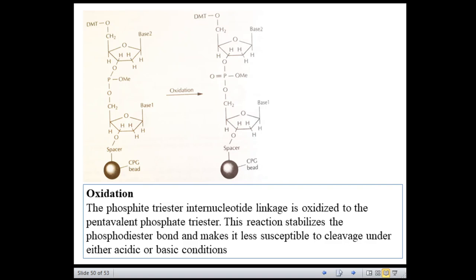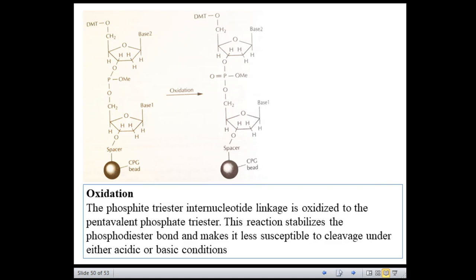The DNA is eluted from the reaction column, and then in succession the benzoyl and isobutyryl groups, which were used to protect the amino groups of the bases, are stripped away, and the DNA is detritylated.